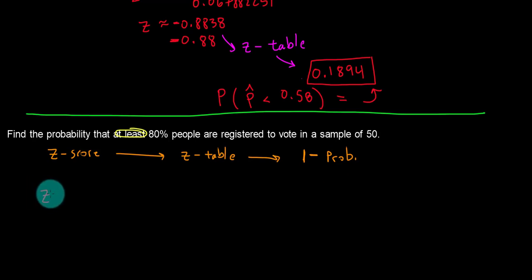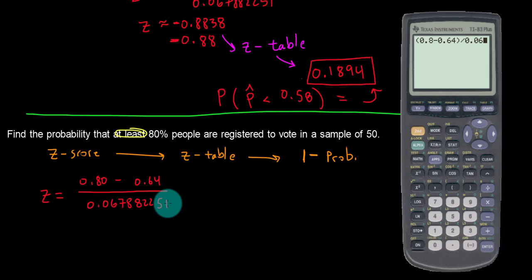Our z-score starts off with the proportion of interest so that's 0.80. We will subtract the population proportion of 0.64 and then divide by that square rooted amount. I think I can still see it up there, 0.0678882251.